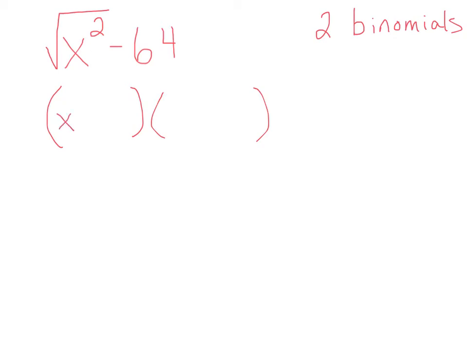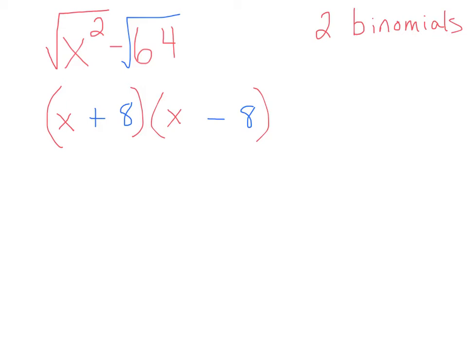And you put it here and here. You take the square root of the second term. What's the square root of 64? And you put it there and there. And then the final thing is you put one of each sign, so I could go plus minus or minus plus. There we go. We factored a difference of squares.